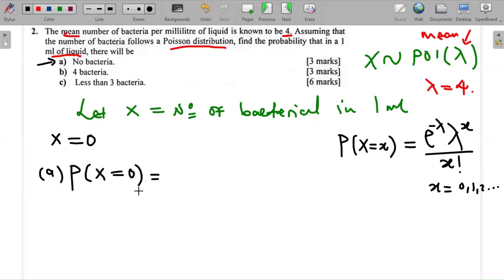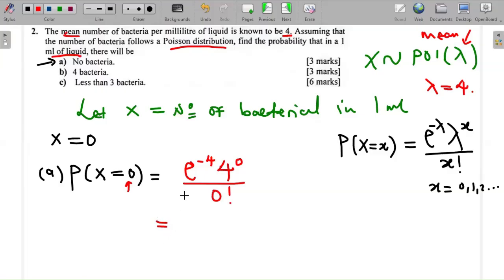We substitute in the PMF. Remember, lambda is 4. So it will be e to the power minus 4, times 4 to the power X, so power 0, divided by 0 factorial.